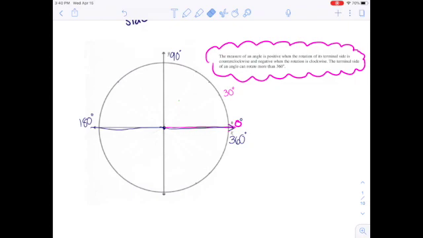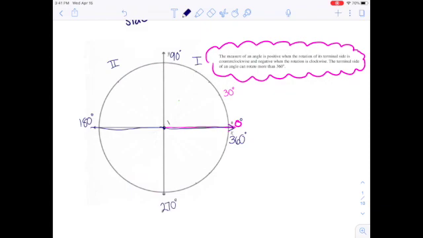When you're looking to draw an angle such as 150 degrees, what you want to look at is which quadrant that would be in. You've got the first quadrant, which has angles between 0 and 90. Your second quadrant would be angles between 90 and 180.